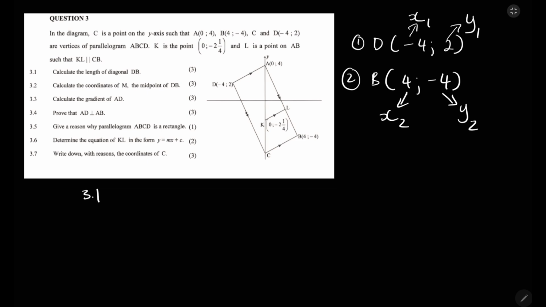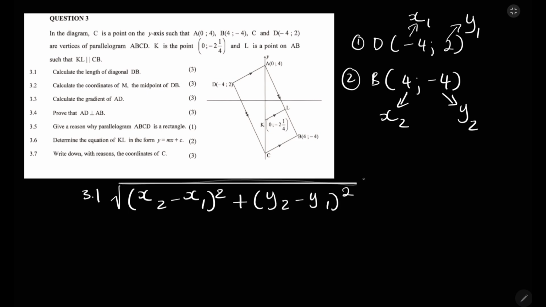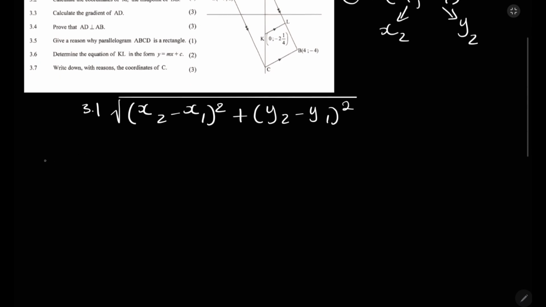So we can write our distance formula, which is: you open a square root, we have (x2 minus x1) squared plus (y2 minus y1) squared. Now let's substitute.